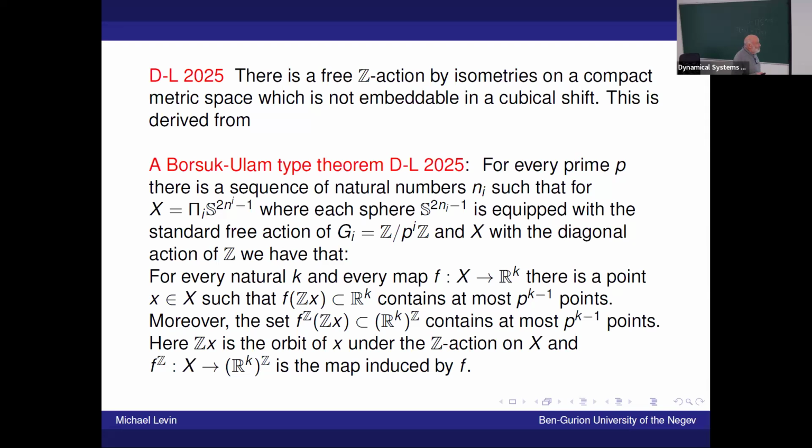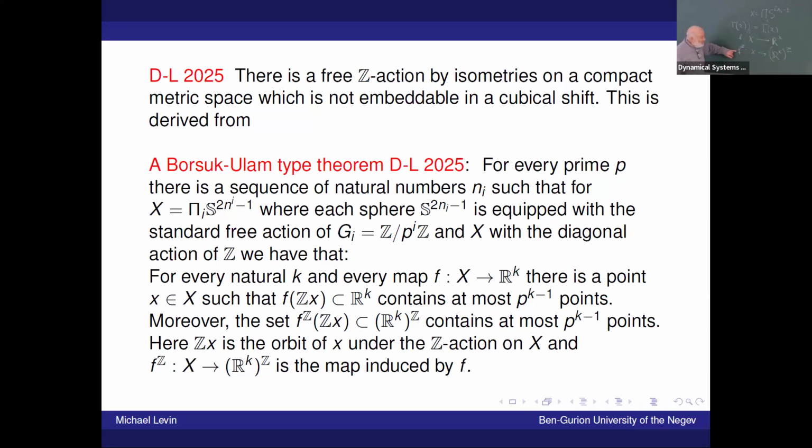But we have an even stronger property. If we consider the map induced by F, the map F goes from X to the cubical sheet, and we define the equivariant map from F to the sheet.